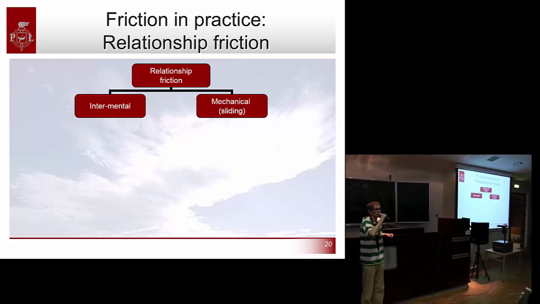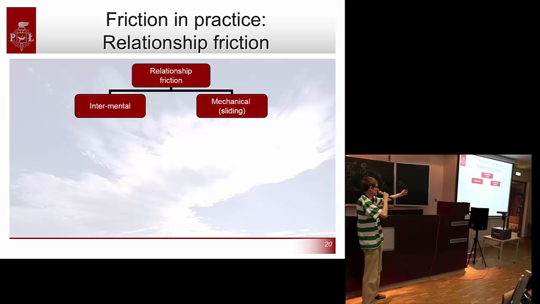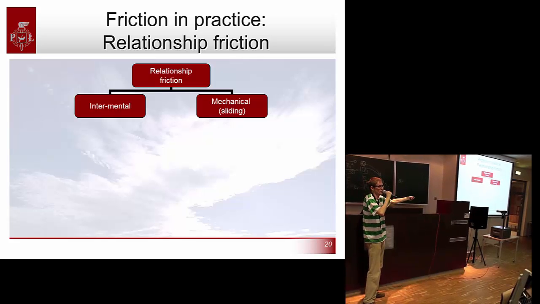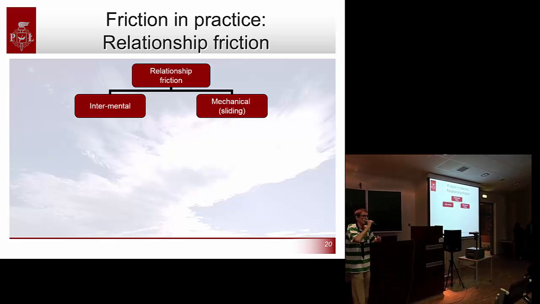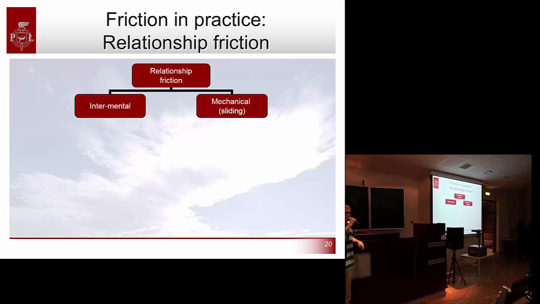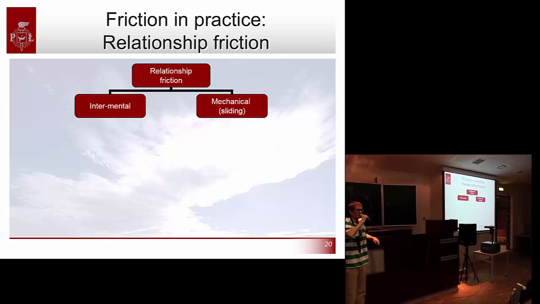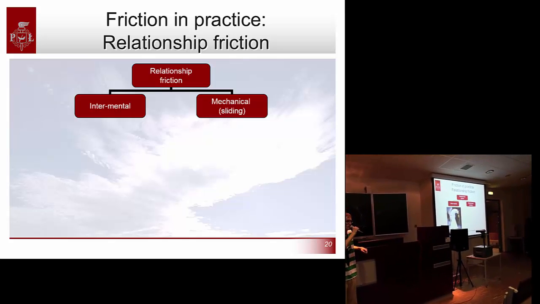But please don't go too far in your imagination. This is still intermental friction. This is a friction when a boy and a girl start to build a relationship. Okay? And there is no theory about that, but there is a strange side effect which you can see on the photo.